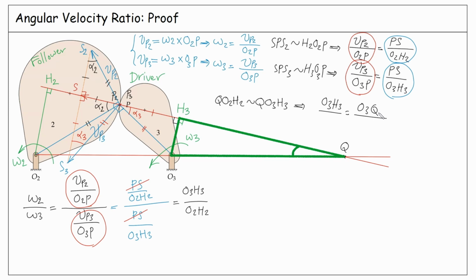In the big triangle, opposite to the angle Q, we have O2H2, and opposite to the right angle, we have O2Q.